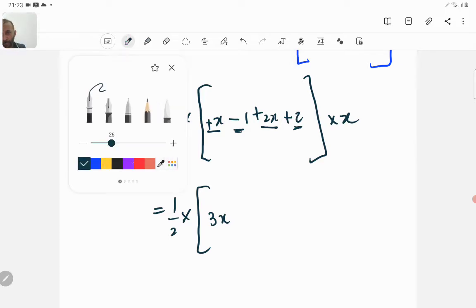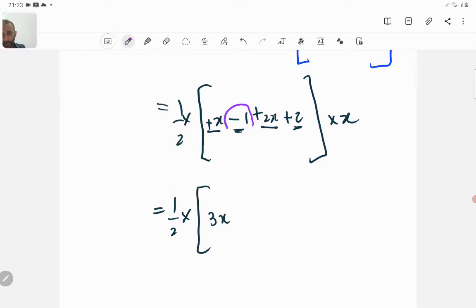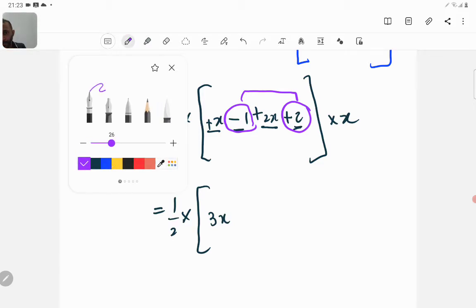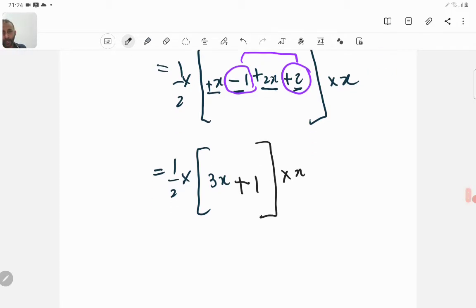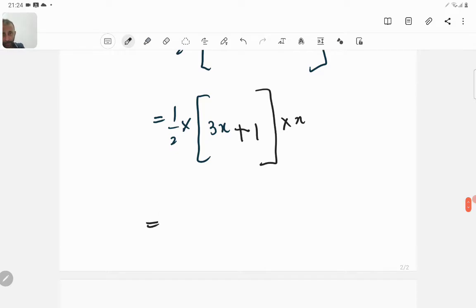When I combine minus 1 and plus 2, that becomes plus 1, because the minus 1 is smaller and plus 2 is greater, so plus 2 minus 1 becomes plus 1 into x. So let's further expand this: half into 3x square plus x. So that is the area of the trapezium.